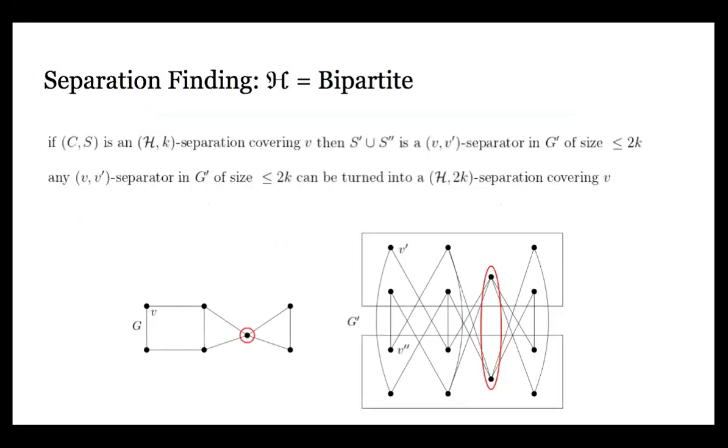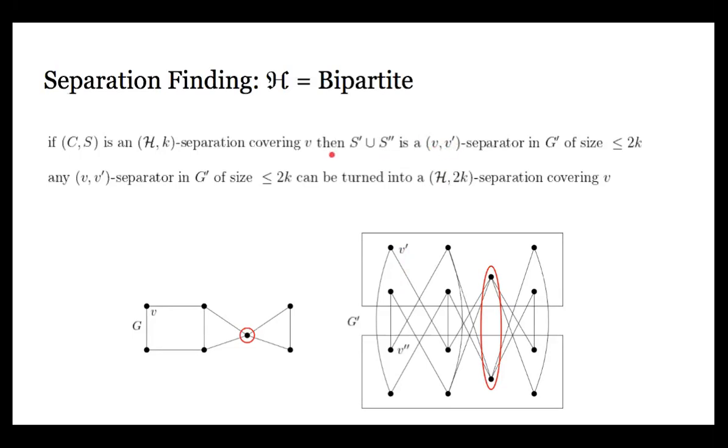And an important observation is that when we have an h-k separation covering V, so that V is contained in the set C, then when we look at the set S and take a union of all its odd parity and even parity copies in the graph G prime, they would form a V prime, V double prime separator in G prime of size at most twice the size of S. It should be V prime, V double prime here.